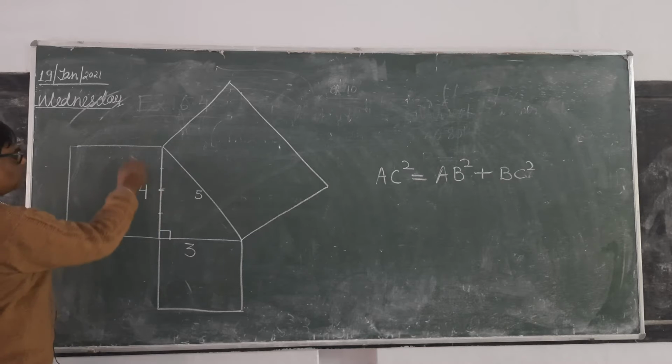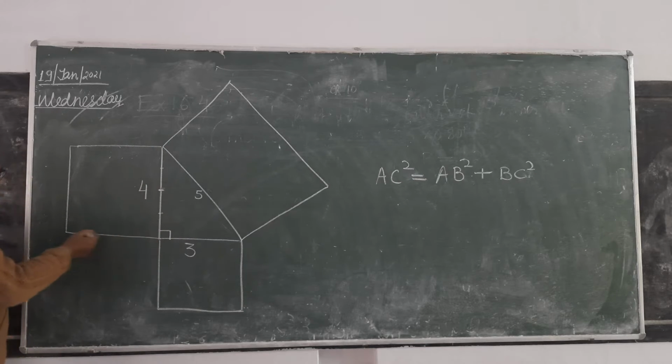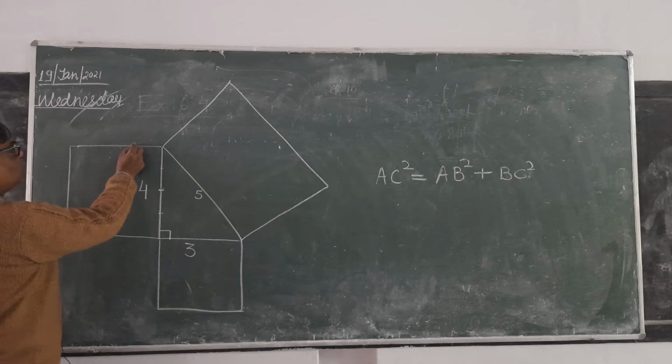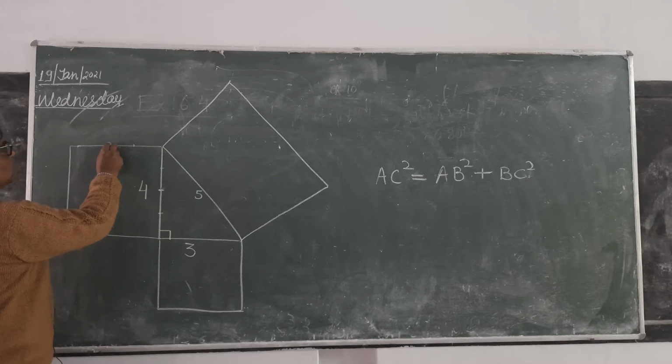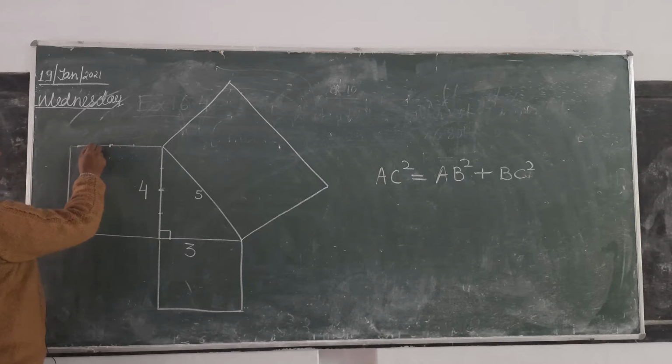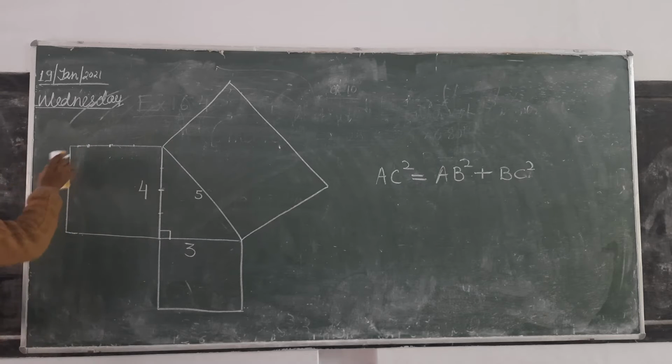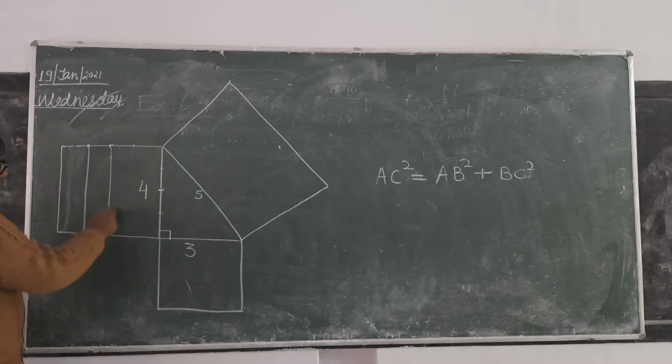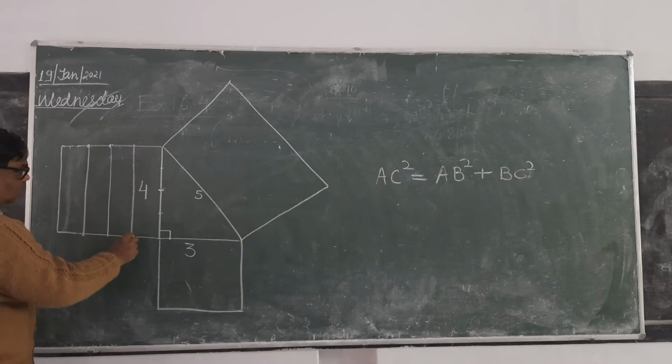And this side also, because this is 4 centimeter, there will be how many segments of 1 centimeter? There will be 4 segments. It is clear? This way you divide.